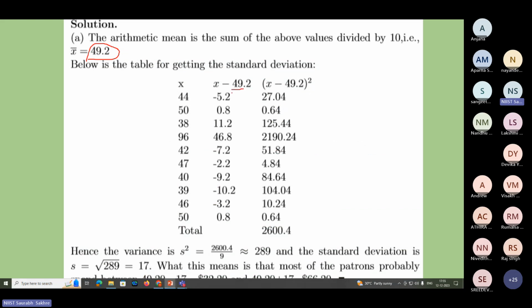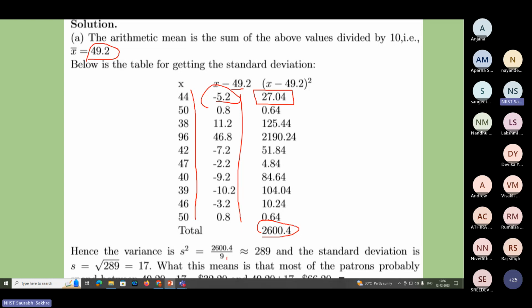First I will deduct this 49.2 from all x values: 44 minus this, 50 minus this, and so on. Then I will square each result: minus 5.2 squared is 27.04, 11.2 like this. Then I will sum it up. So I get the numerator, the summation of (xi minus x bar) squared. First I will calculate the variance.